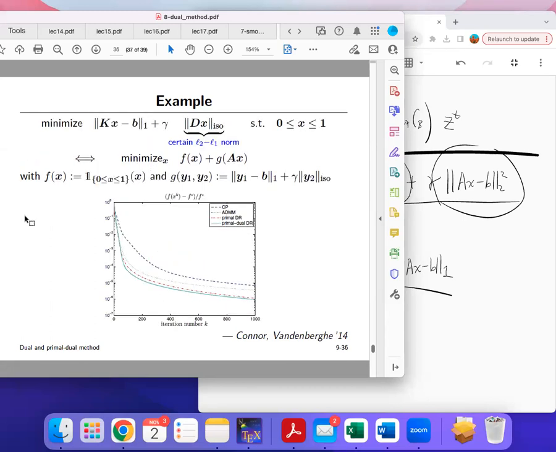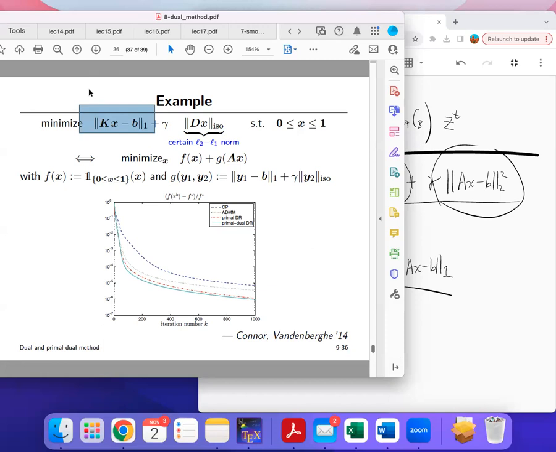Okay. And this is another example, a very popular model in image processing. Kx minus b, again we put the L1 norm just to make it robust to outlier noise. But Kx minus b, you can view it as deblurring.